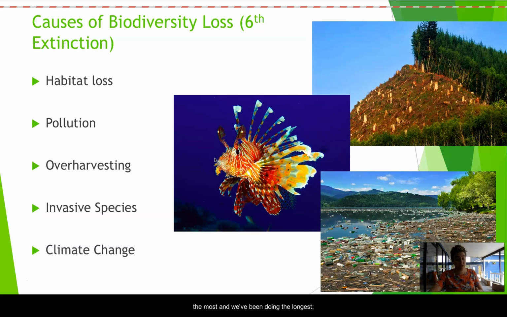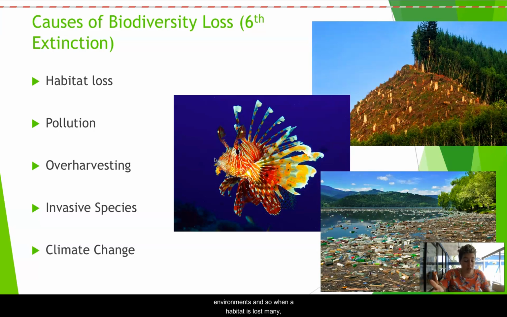And this is the one that we've been doing the most and we've been doing the longest, the single greatest threat to biodiversity, at least right now. Species habitats are very specific to what works for them. They live in environments that are specialized, and they are specialized for those environments.